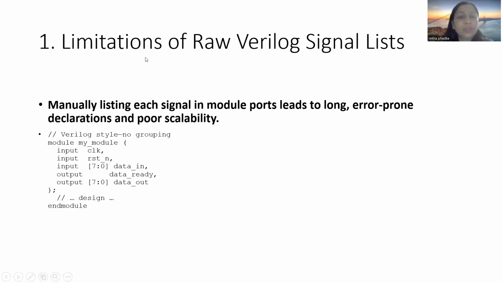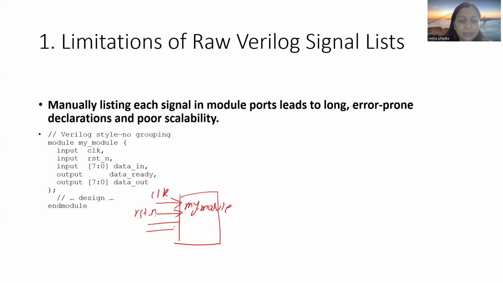The general method of writing a DUT with port declaration is as follows. For example, if you look at this example which is shown here, we have a DUT by name my_module. This has an input clock, another input reset_n, that is RST_n, and a third input which is an 8-bit bus named data_in.